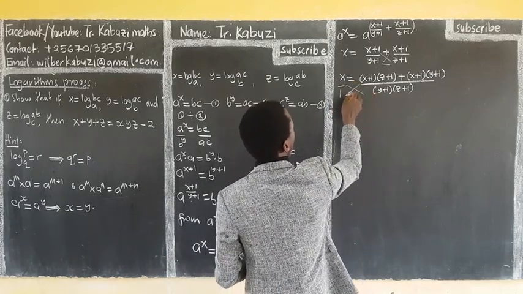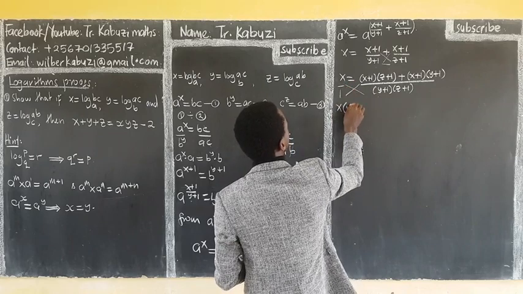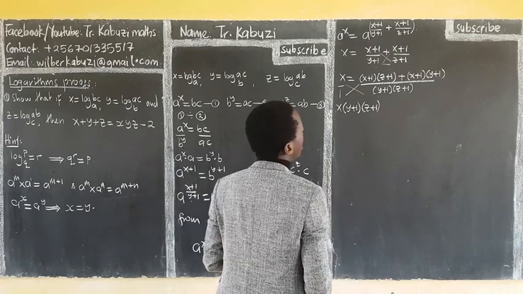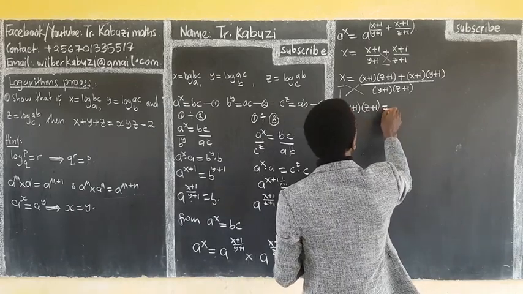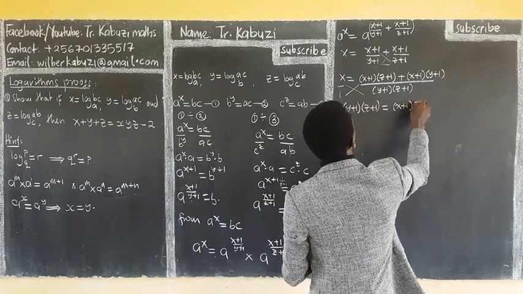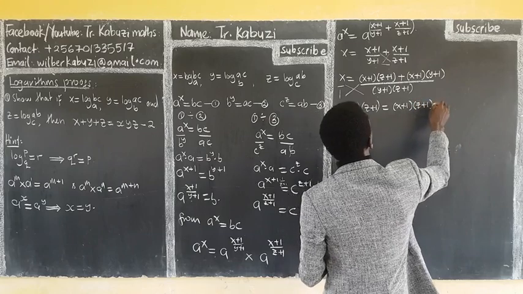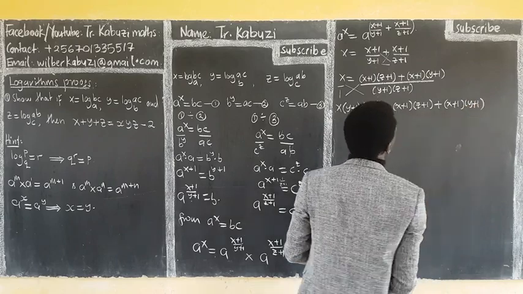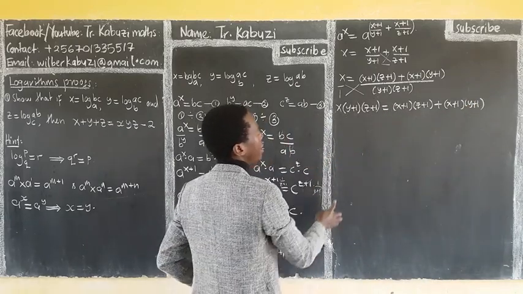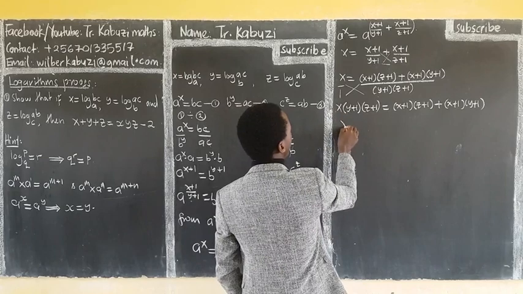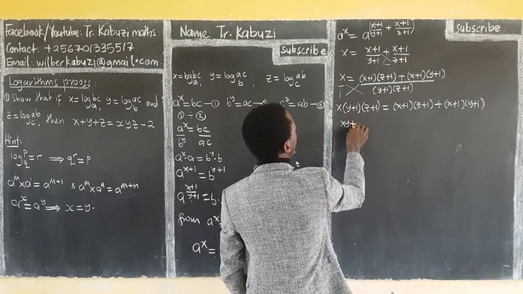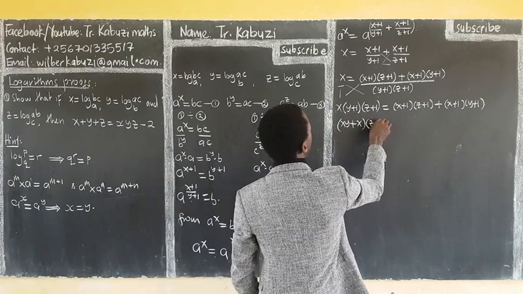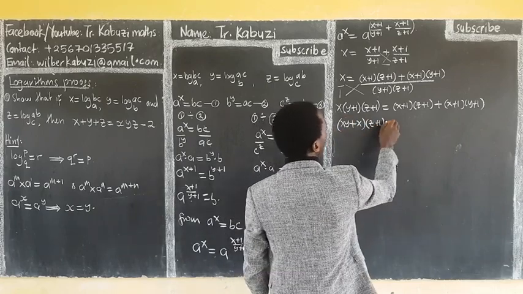We are going to cross multiply like this. I have x into y plus 1 times z plus 1. Then beside, I have it, so there you multiply.